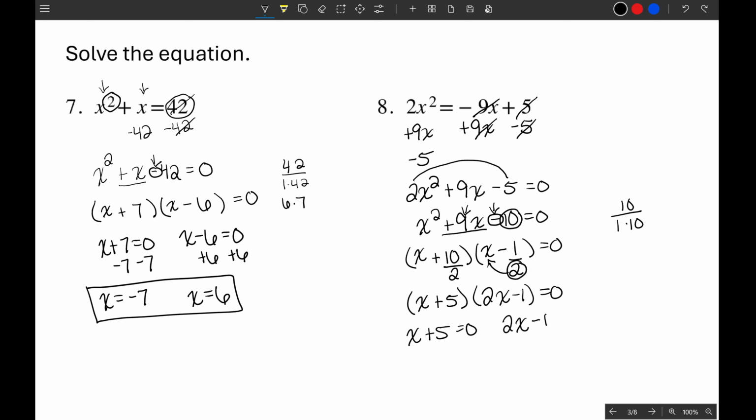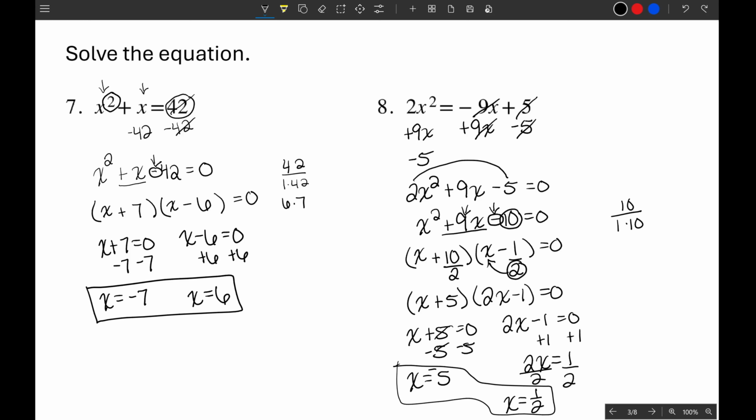Both factors. And I solve, so I get negative 5. And then over here, to solve for x, I would have to add 1. So that gives me 2x equals 1, and then divide by 2. So x is equal to 1/2.